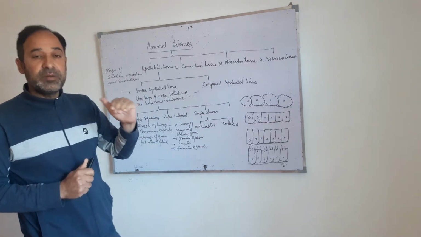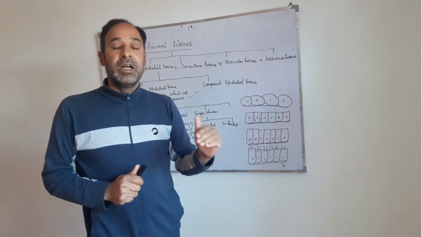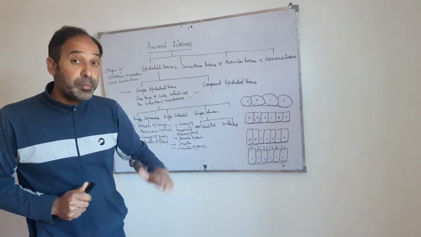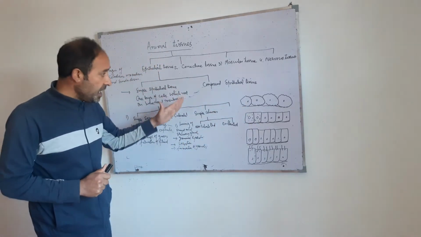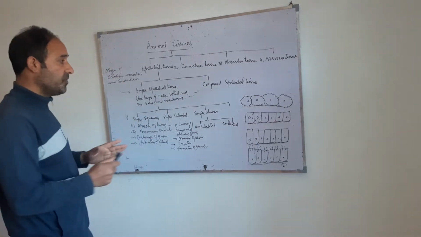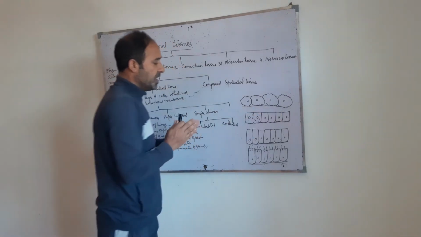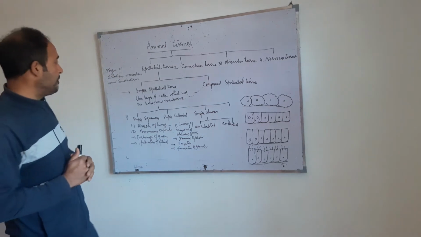The basement membrane is created by the epithelium itself and the connective tissue below, and it separates the epithelial tissue from the connective tissue.